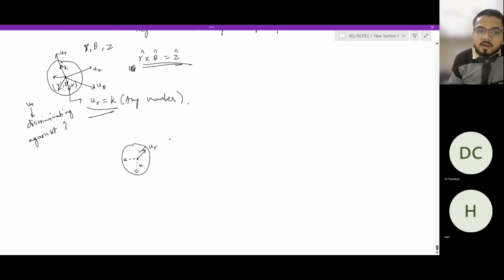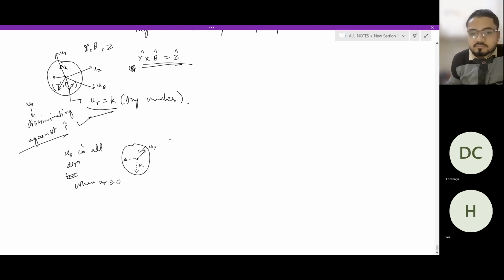So the only way that you can have the ur in all directions is when ur is identically zero, right? Do you get this analogy maybe?